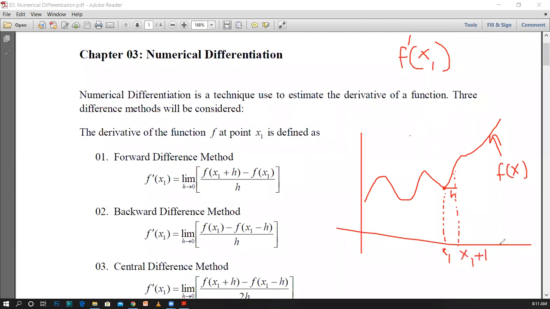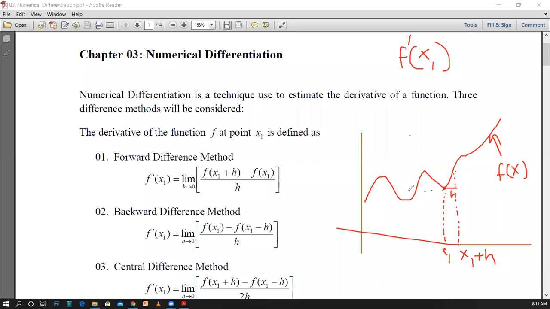Using the basic concept of the derivative, we can define the forward difference method as f dash x1, the derivative of the function at the point x1, equals the limit as h goes to 0, meaning this distance becomes 0, of f(x1 plus h) minus f(x1), divided by h.